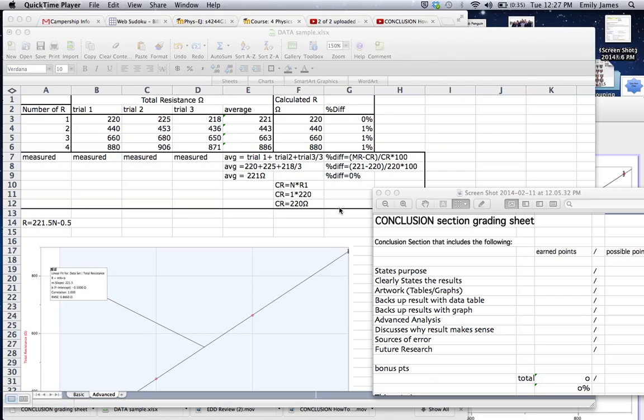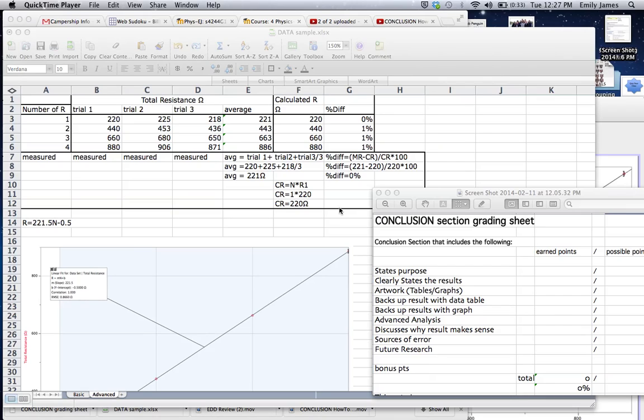Okay. So let's start. The first part of a conclusion should state the purpose. In this case, we ask the question, how did the number of resistors affect the total resistance if they were connected in series? And because a conclusion is not a suspense or mystery novel, you're going to give away the ending right away.